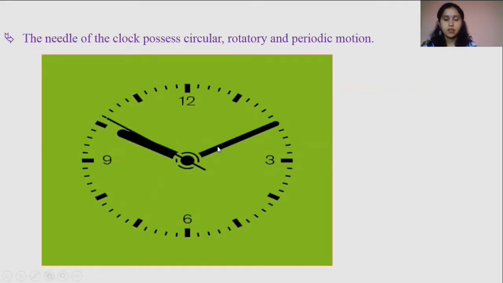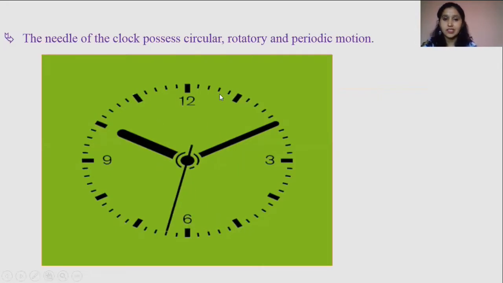Similarly, periodic motion. The second arm moves after an interval of 1 second, the minute arm moves to another position after each interval of 1 minute, and similarly the hour arm moves from one position to another after 1 hour. That means there is a fixed gap of time between their movements. In this way we can understand that this clock has three types of motion at the same time.